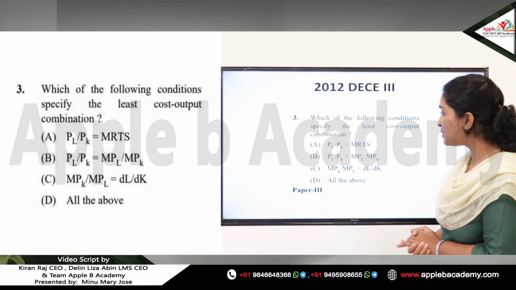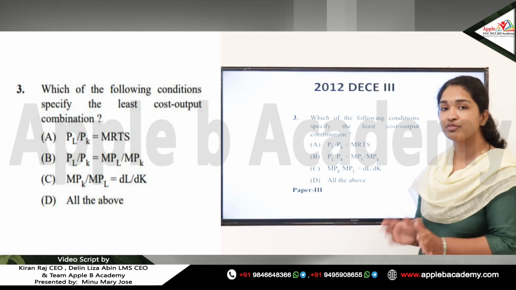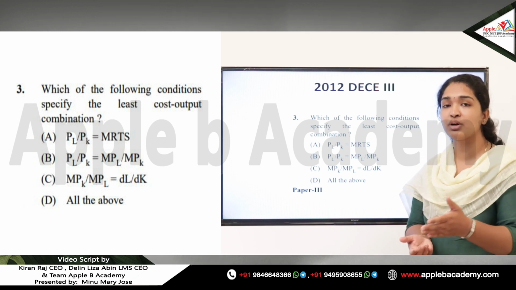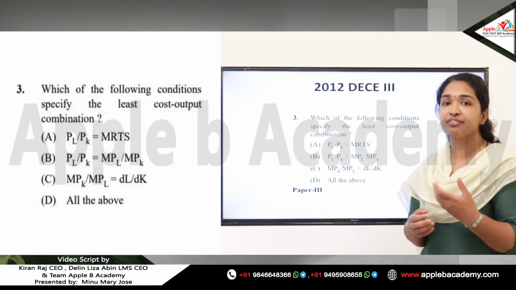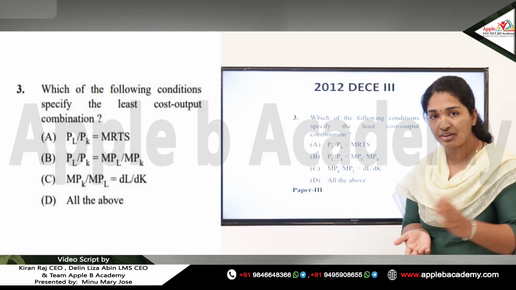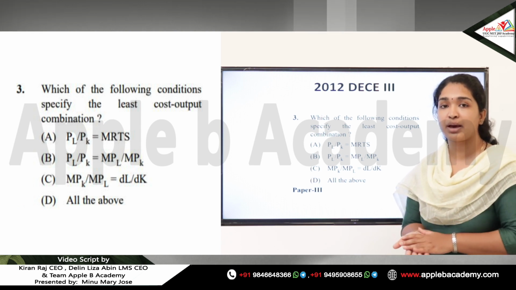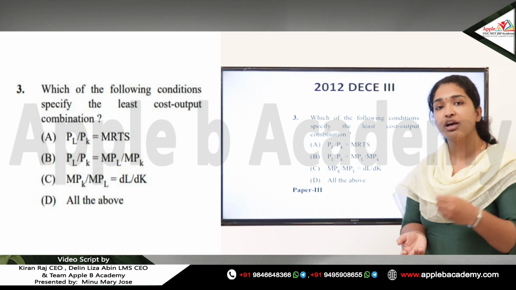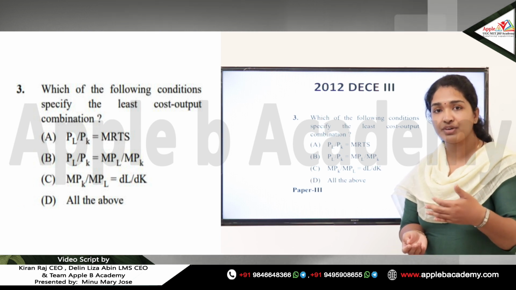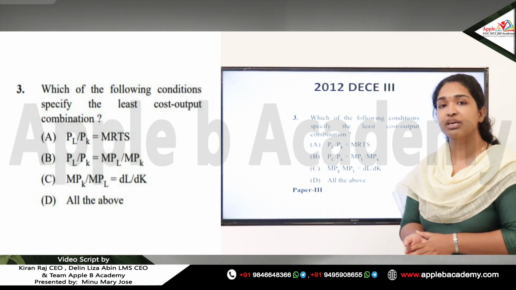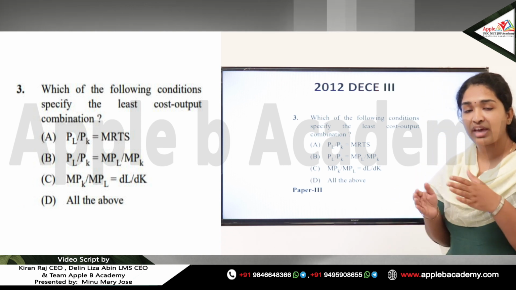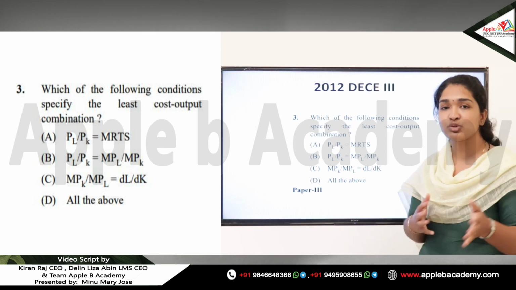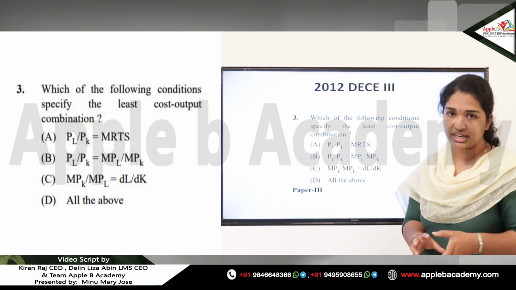So for this question, we have to first of all recall what the equilibrium conditions are. We had discussed them using different concepts, with respect to the price of both labor and capital and the marginal productivities of the respective factors of production. We rewrote all those equilibrium conditions in different ways. So we have to recall all those conditions and check if all of these options match with the ones that we had already discussed.